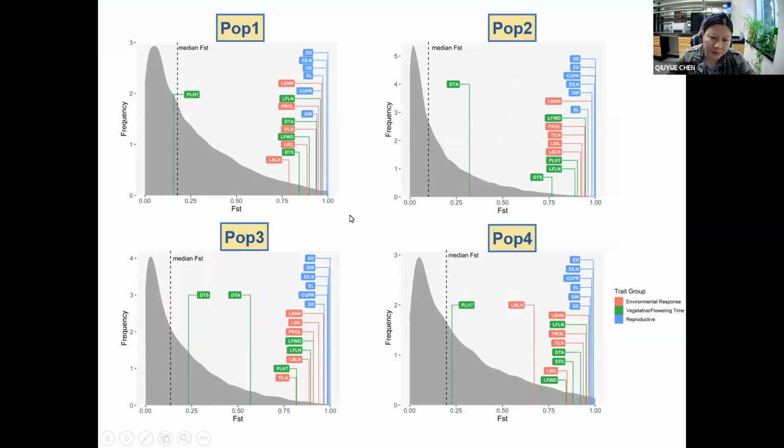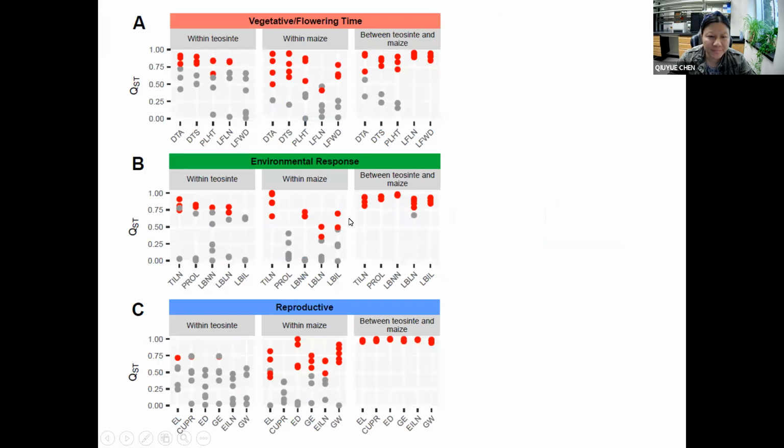Again, we also performed the QST-FST test in the 4 individual pairs of teosinte and maize populations, and we got a similar result. Beyond the QST-FST between teosinte and maize, we also performed the QST-FST test within teosinte populations or within maize populations.